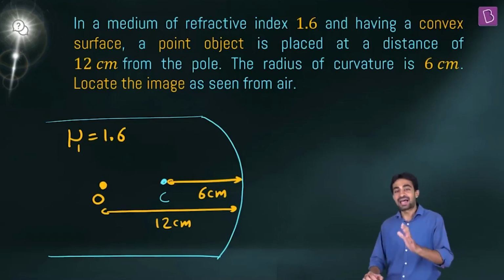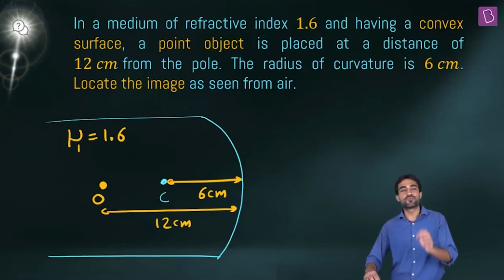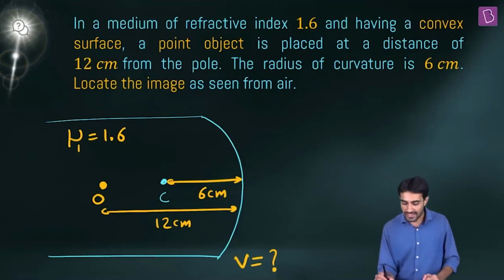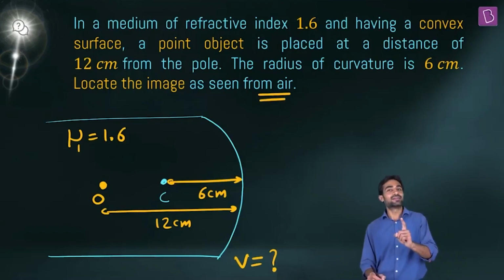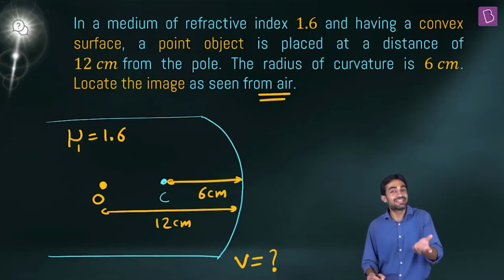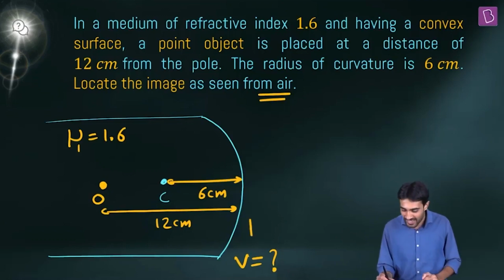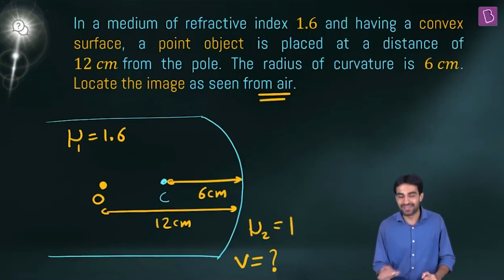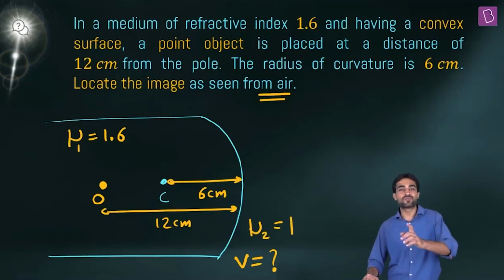Locate the image as seen from the air. So we have to find what is V. And it is said that image is seen from air. This means the outside medium is air. So what do you think is mu2? Mu2 is 1. Refractive index of air is 1.